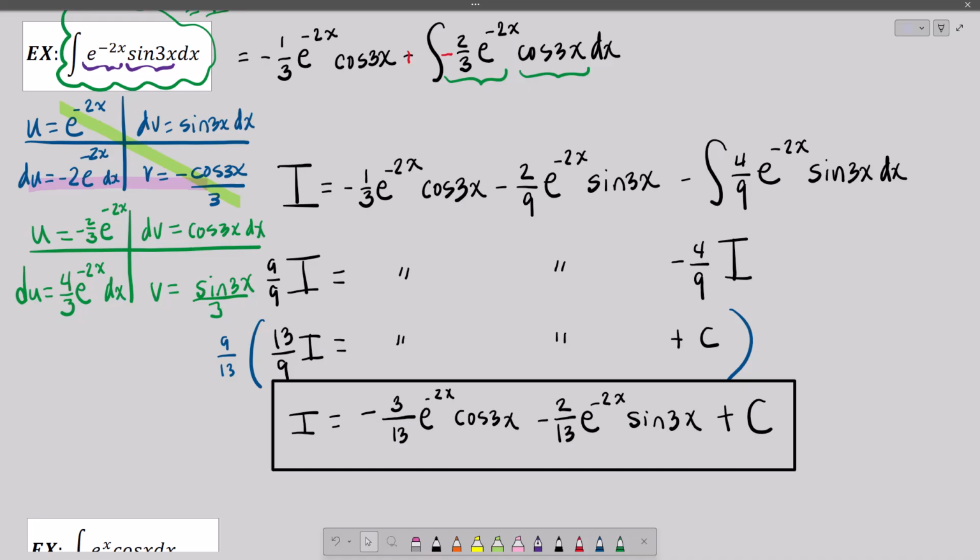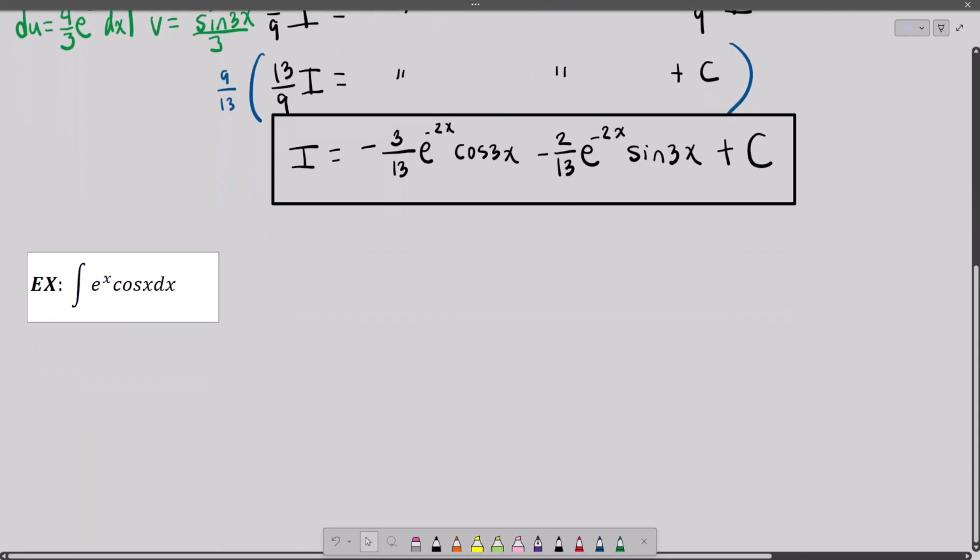That's pretty cool that it works. As you can see, when we've got these extra numbers, these coefficients, it gets a little tedious because you end up with fractions that are a little unwieldy, or at least you have to be thoughtful.